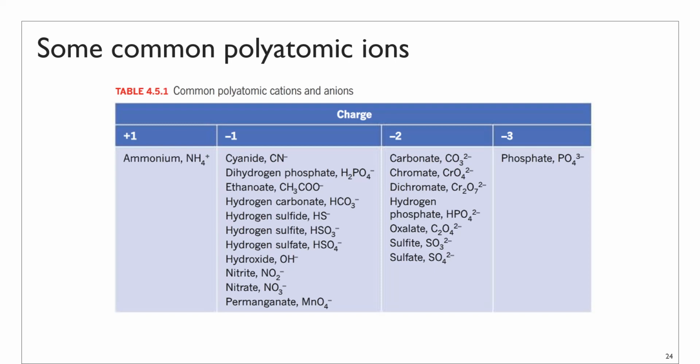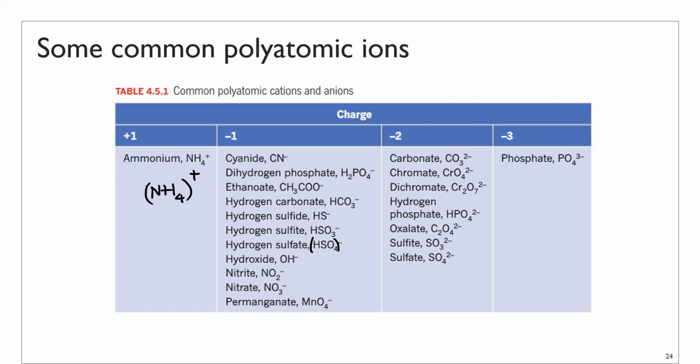For example, we have ammonium, and it is a polyatomic ion because you have one nitrogen and four hydrogens in the ion, and the whole thing has a charge of 1 plus. And I'm not really a fan of how some of these are written, because I think the script is a little bit hard to see. But it's important to remember that the charge indicated in this table applies to the entire ion.